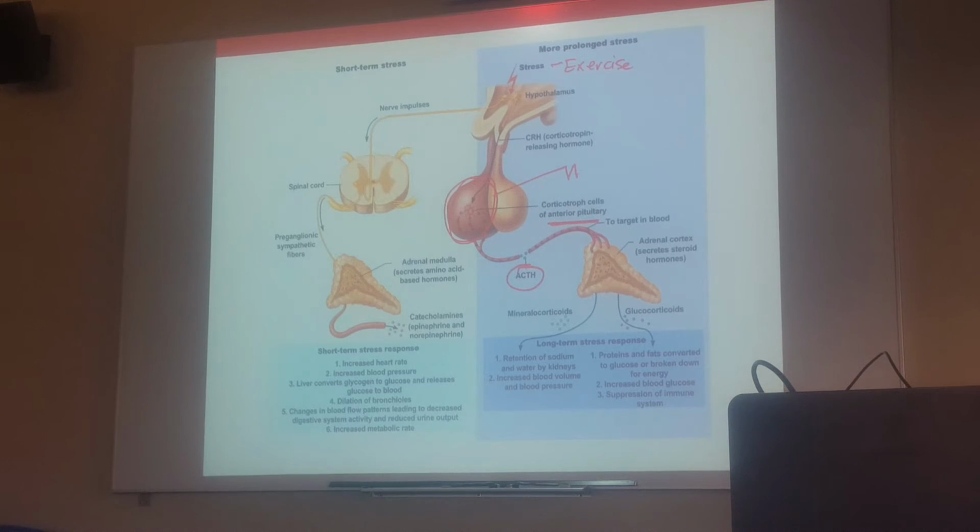Adrenocorticotropic hormone. That's correct, which has an effect on the adrenal cortex, and you're going to secrete steroid hormones, in this case aldosterone and glucocorticoids.